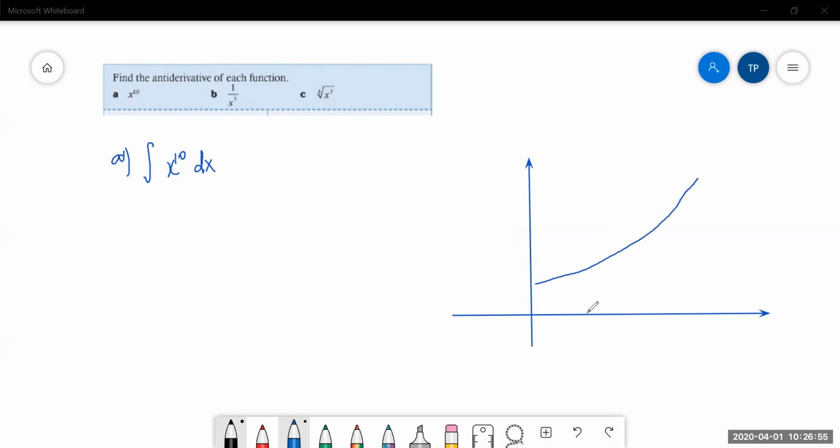Let's say we have this graph. When we try to integrate from A to B, people in the past don't know the method to find the area under a curve.